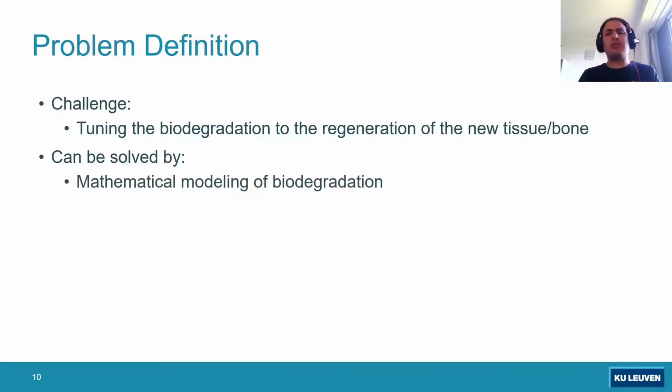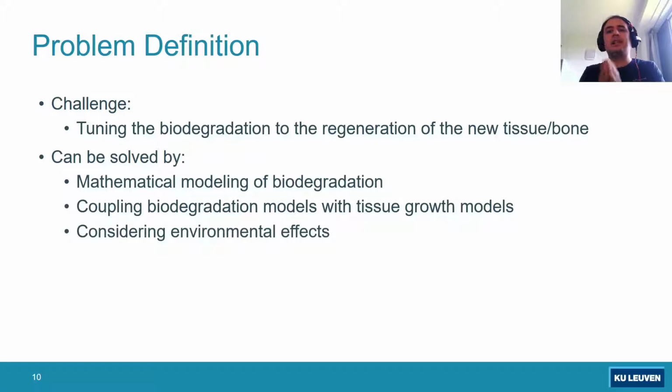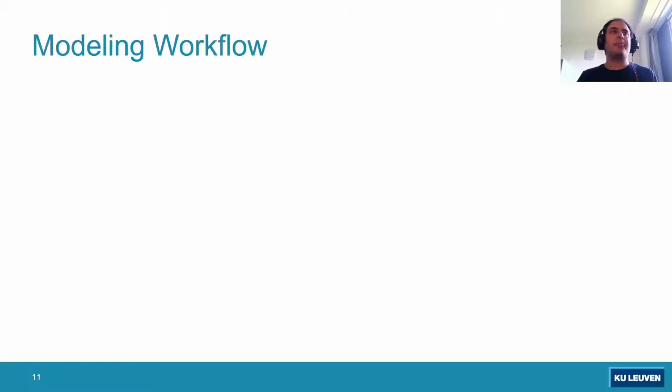And it can be solved by constructing a mathematical model of the biodegradation process that can be coupled with a tissue growth model. So we have the degradation of the material and the growth of the new tissue. And we should consider the different environments, like the in vitro environments in the lab, or the in vivo situation inside the body. So the model should capture these situations.